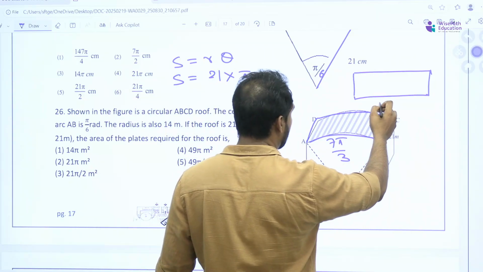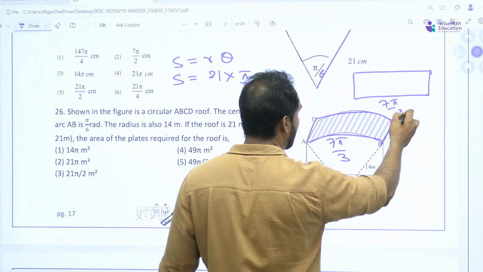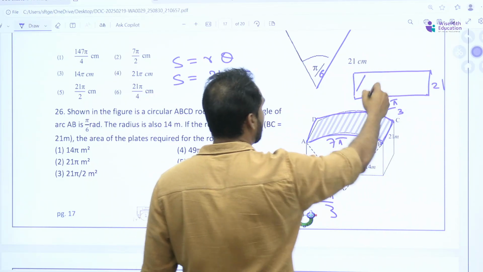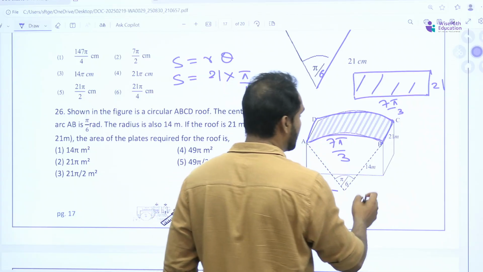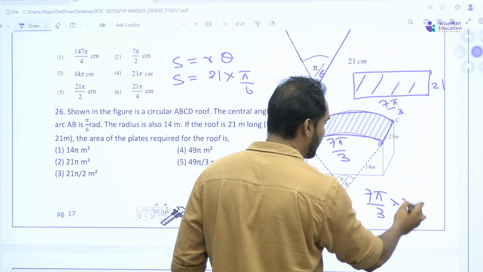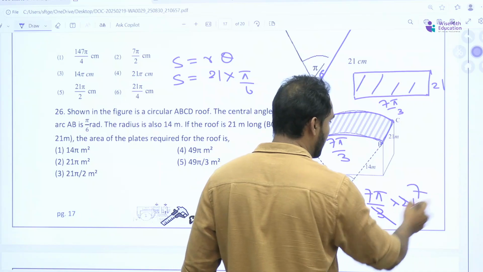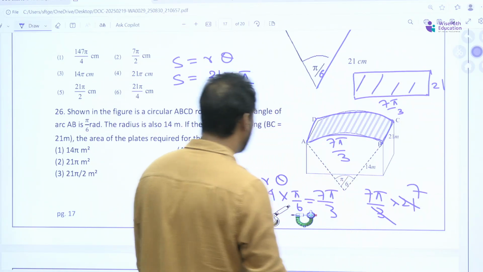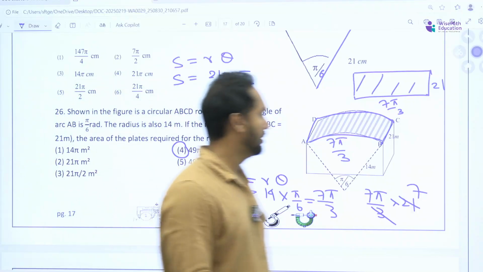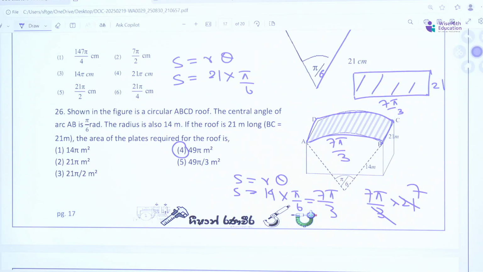This length is 21, so this multiplication will give the complete area. So that will be 7 into 5 over 3 multiplied by 21, that is 7 into 7, 49. So it's 49 into 5 is the area, right? Have a quick note.